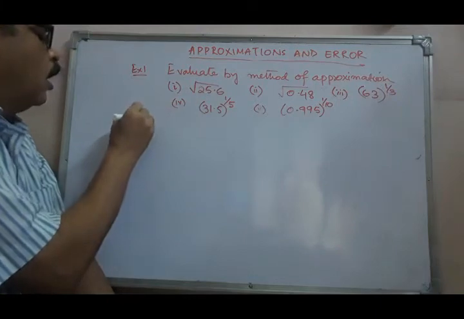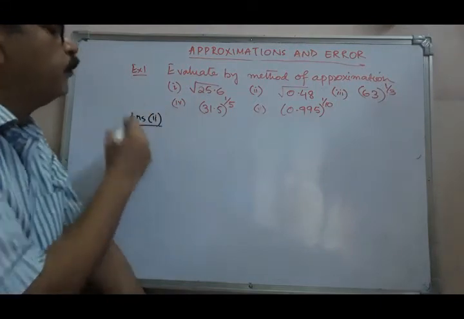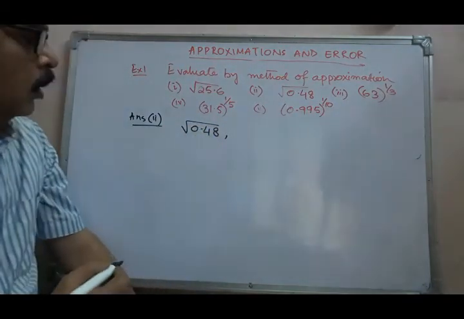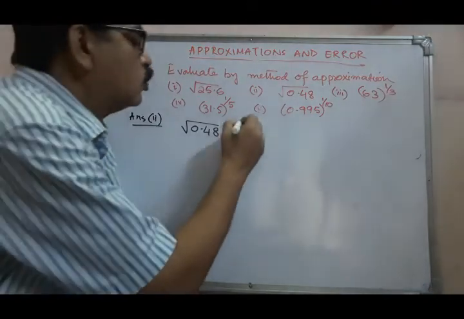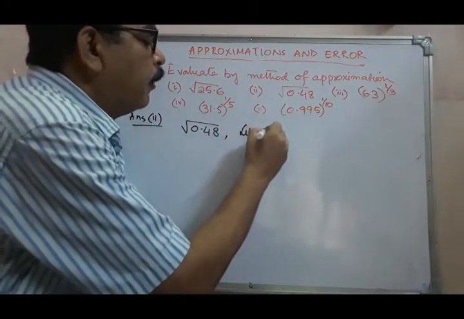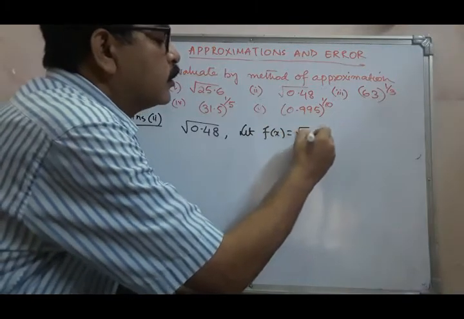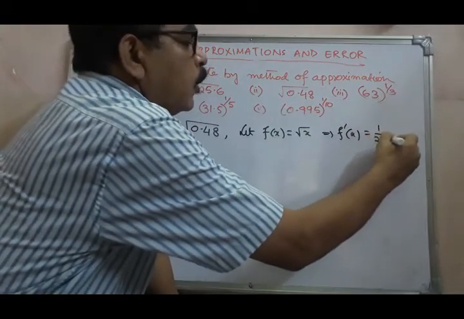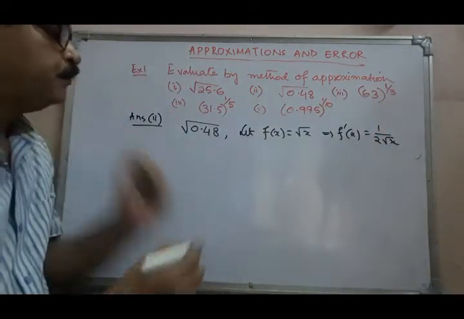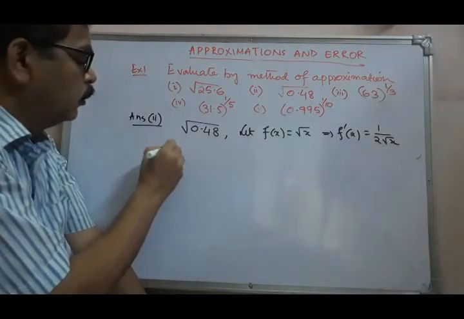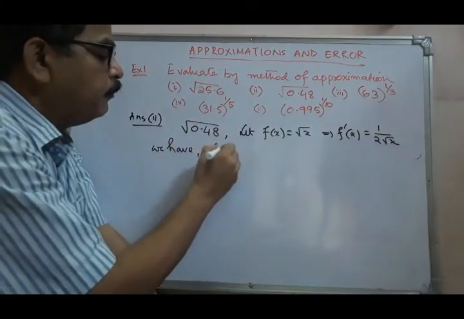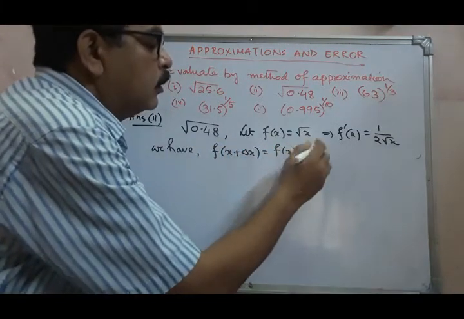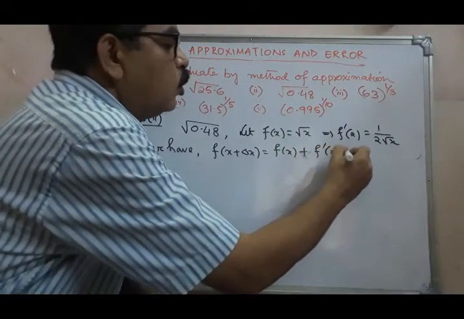Now we are going to answer part 2. Here also, 0.48, the nature of the number is root over. To find the square root, we take let f of x equal to root x, that is f dash x equals 1 by 2 root x. Therefore our result is f of x plus delta x equals f of x plus f dash x into delta x.